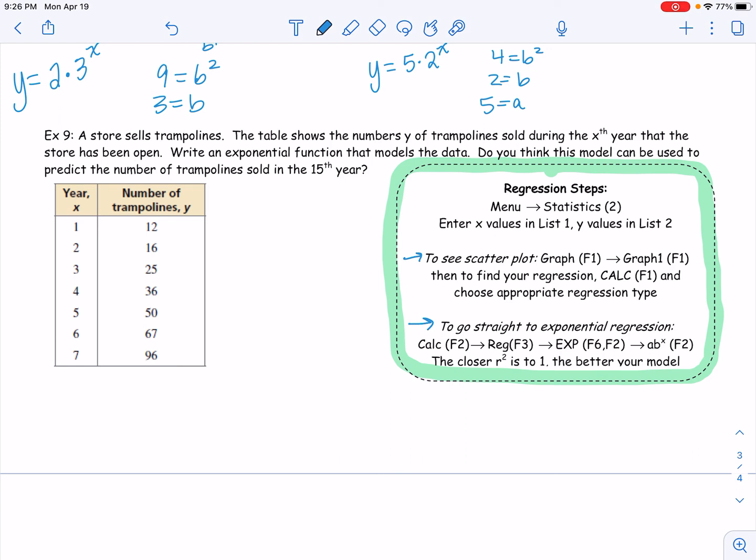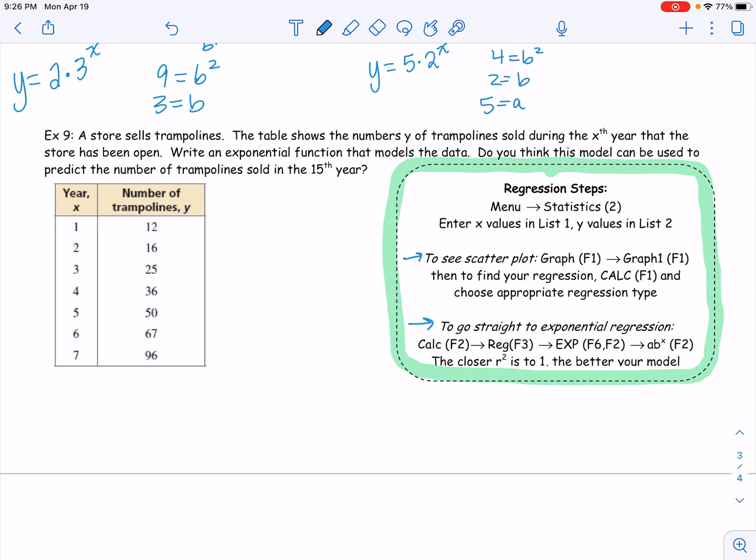So you'd go to graph, and then once you see your model, hopefully, you'd be able to easily identify if it was linear, quadratic, or exponential. Then you could go to calculate and choose your appropriate regression type, exponential in our case.